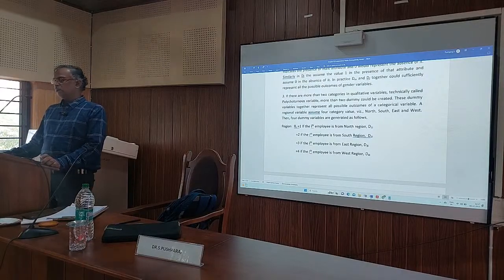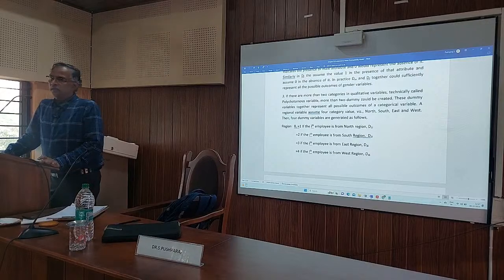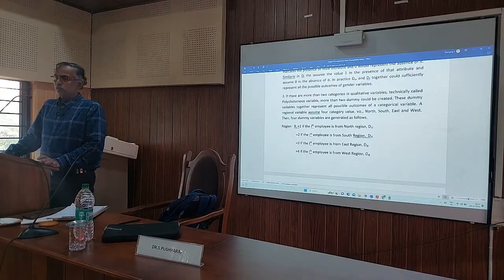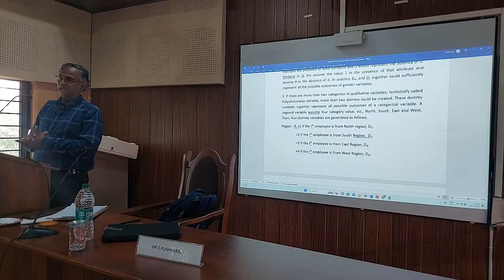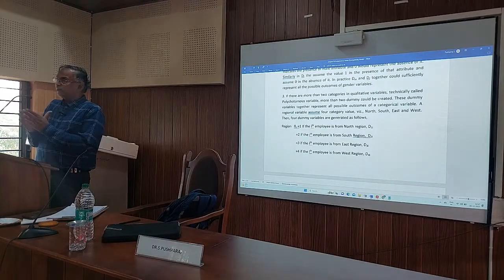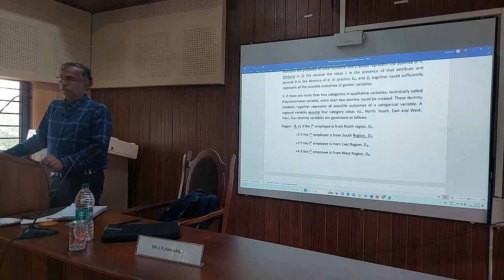How would you code? You will take each of the categories as one dummy variable. If it has 4 categories, we'll make 4 dummy variables of 0, 1 nature.